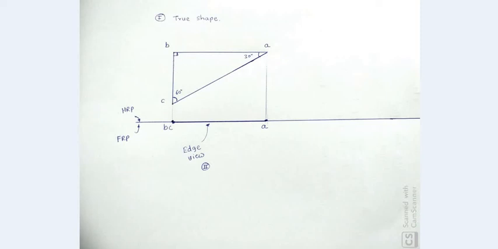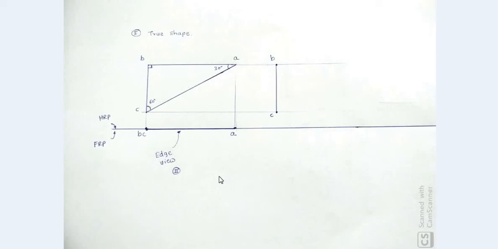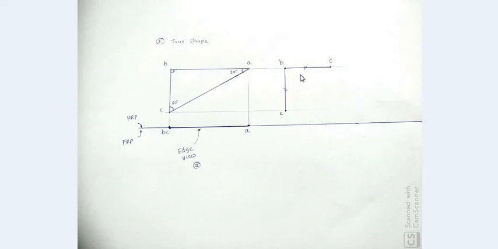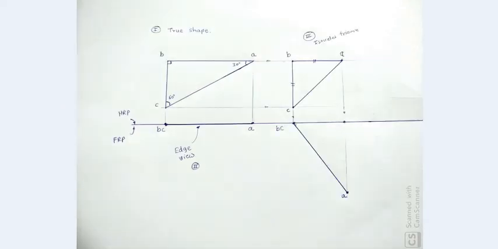Now we'll see it stepwise. In the next step, first we will construct this triangle. That's why we will project point B horizontally, and project point C horizontally. At some appropriate distance we will reconstruct this line BC, and we will complete this triangle. Now after constructing this triangle, we will project the points BC on the reference line.